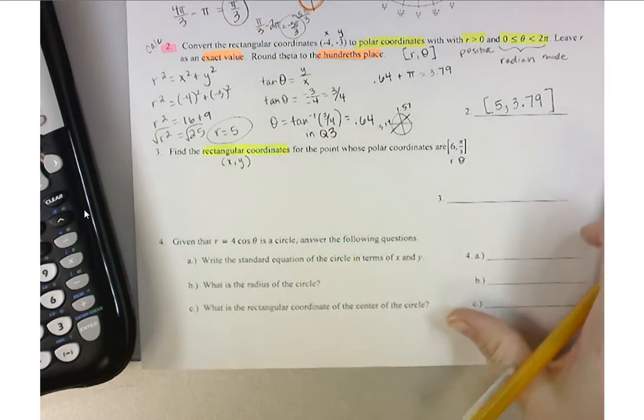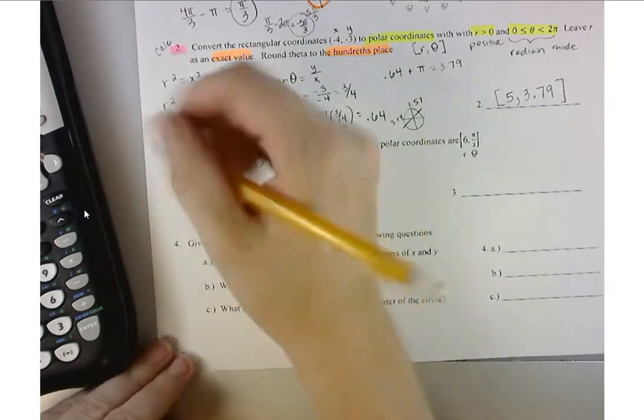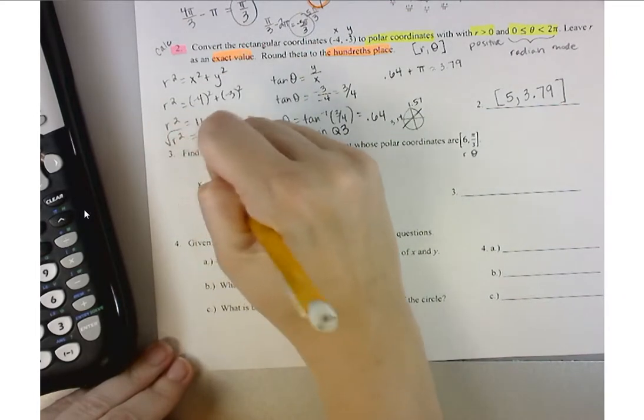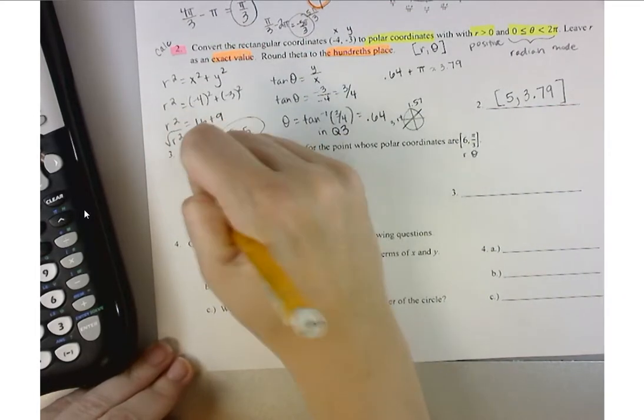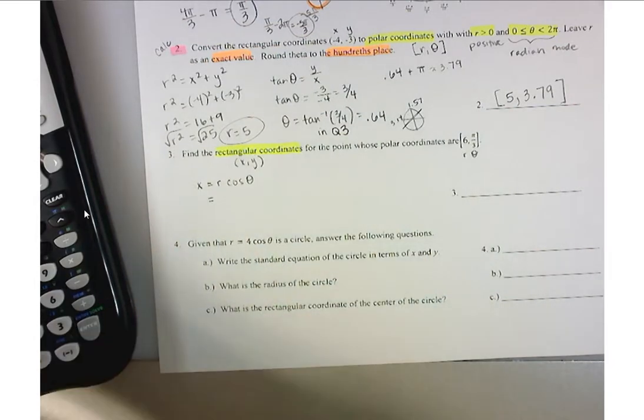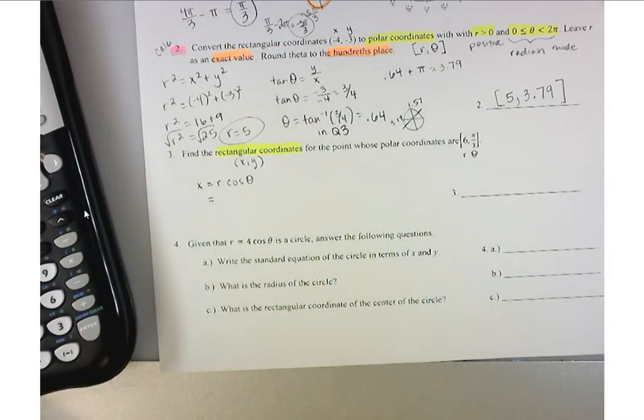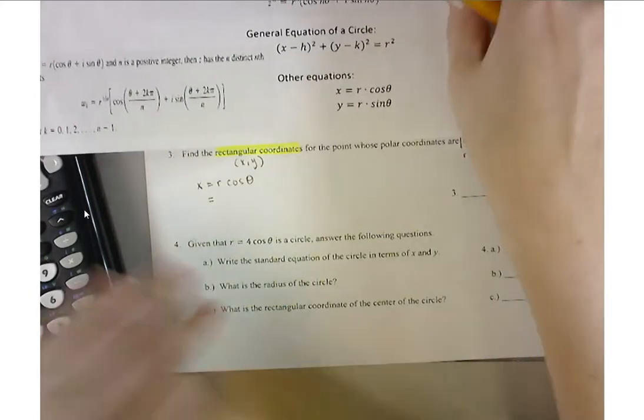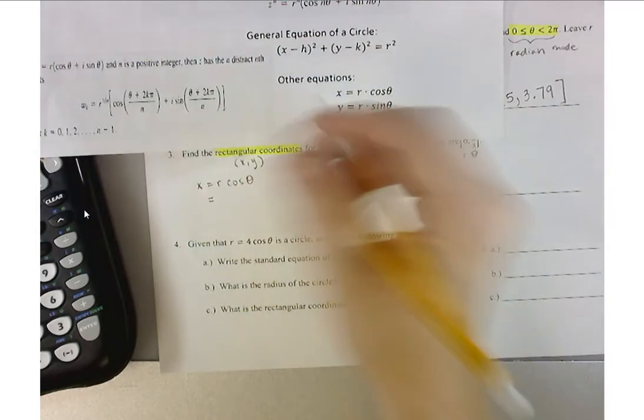So what we're going to use is x equals r times the cosine of theta. This is on your formula sheet, which I showed you on Friday. It'll be here where it says other equations. You'll have to know that this is for the conversion.